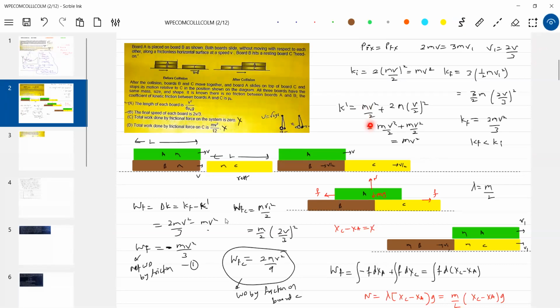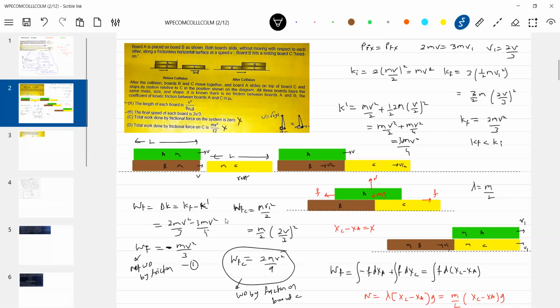Fine. Okay, this MV square. Okay, 2m by 2, v by 2. 1 by 2 will be there. 1 by 2, 2. This will be 1 by 4. Yeah, 1 by 4 will be there. So this will be 3 by 4. Here 3 by 4.